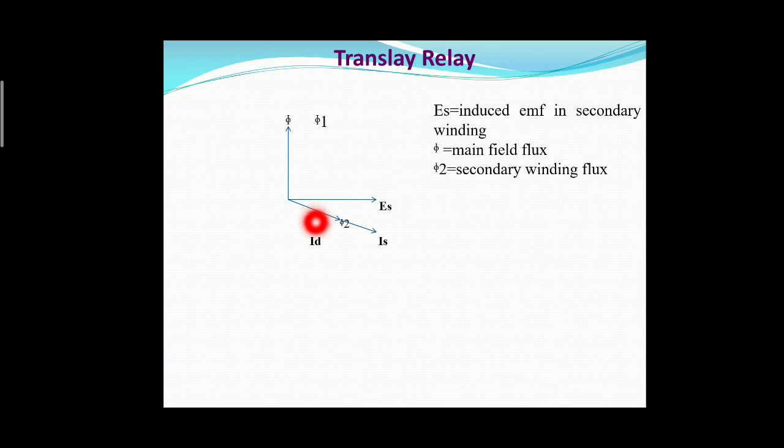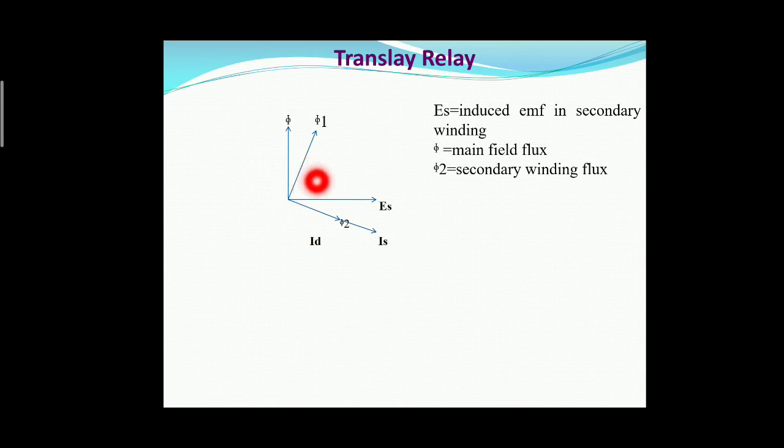Maximum net torque is obtained when we maintain the angle near 90 degrees. Therefore, phi 1 is the flux from the central limb and phi 2 is from the secondary. So adjust the shaded pole angle, which adjusts the flux phi and shifts phi 2 relative to phi 1.